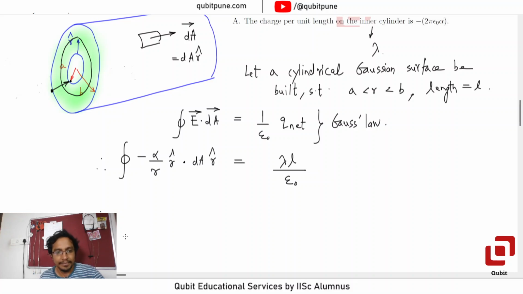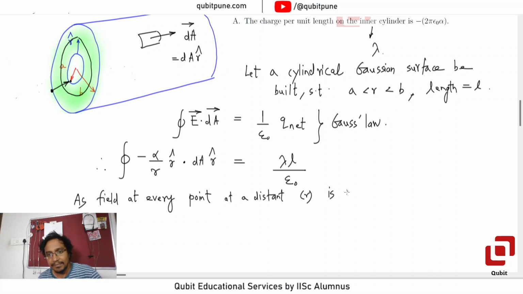The field at every point at a distance r is the same, so we can take it out of the integral and integrate dA.